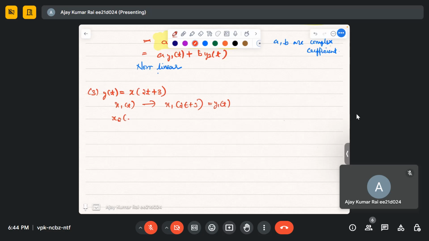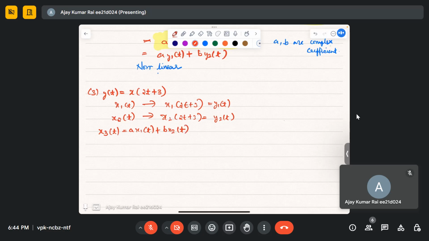Similarly, if I give x2, I should get x2(2t plus 3). So this is y2. Now I should give x3, which is a x1(t) plus b x2(t), just to test whether the system is linear or non-linear.